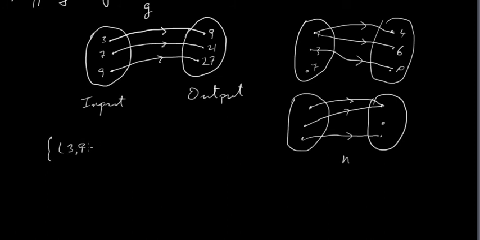This is 3, this is 9, this is 7, and this is 21, and then we've got 9 and 27. So this is another way of representing our function g. So 3 is mapped onto 9, 7 is mapped onto 21, 9 is mapped onto 27. So that's 2 different ways of representing functions.